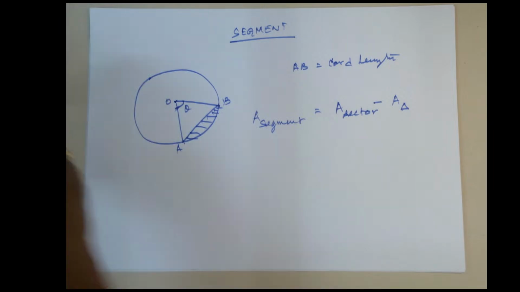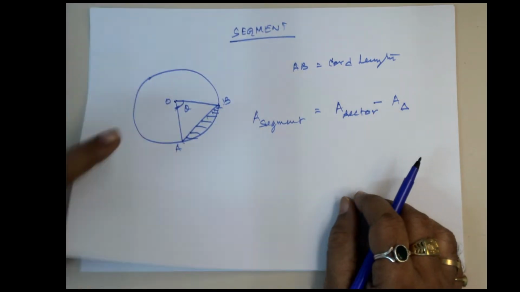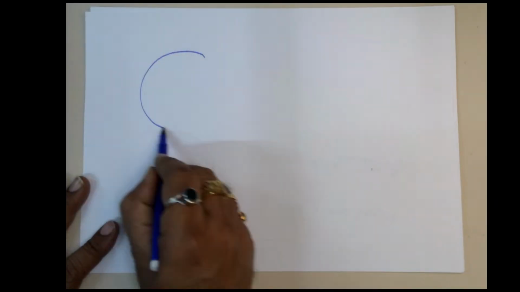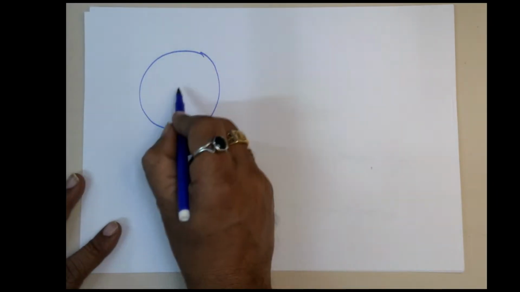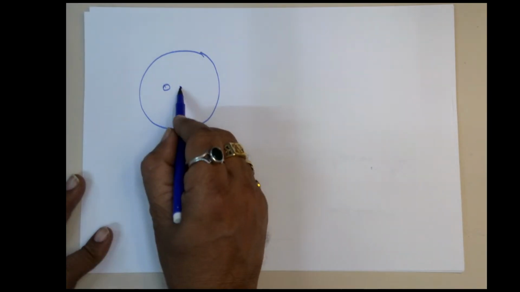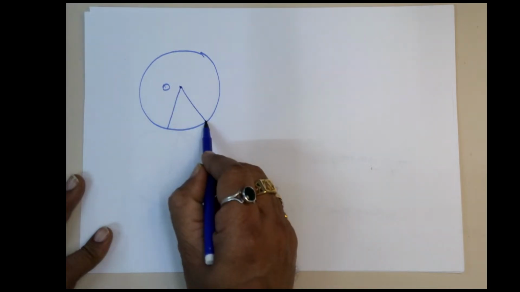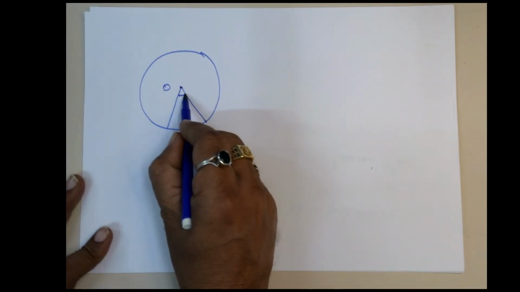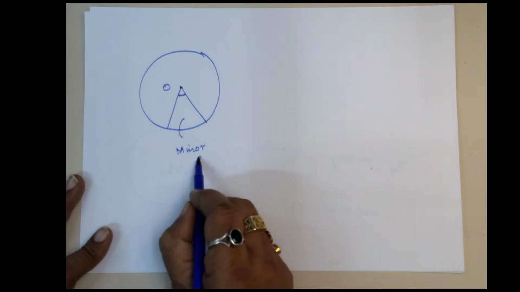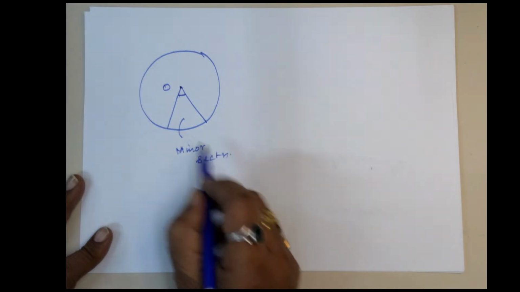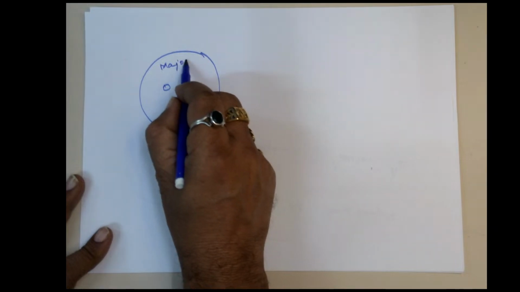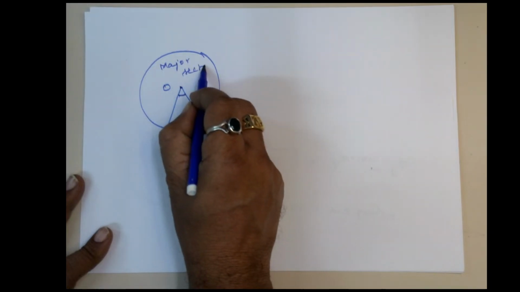Now, let us try to analyze some more shapes. Let me draw a circle, and this is the center of the circle. This area is called the minor sector, and this portion is called the major sector.